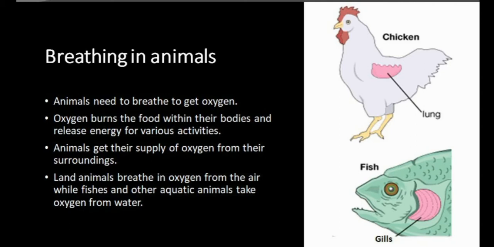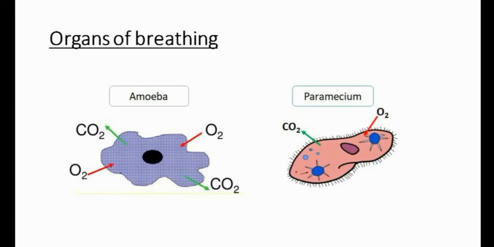Animals get their supply of oxygen from their surroundings as we get oxygen from our surroundings. Land animals breathe in oxygen from the air, while fishes and other aquatic animals that live inside water take oxygen from water. Now we are going to learn about different organs of breathing for different animals.